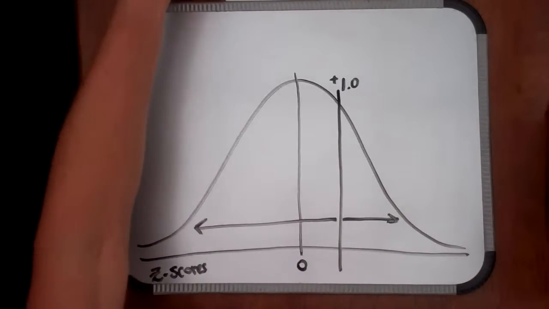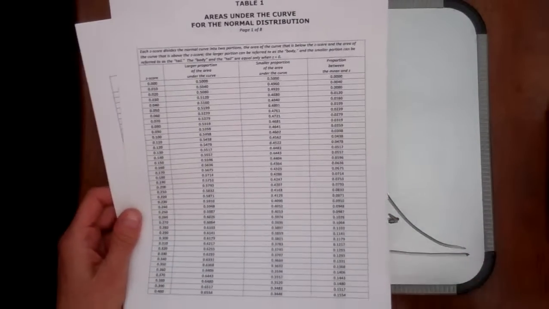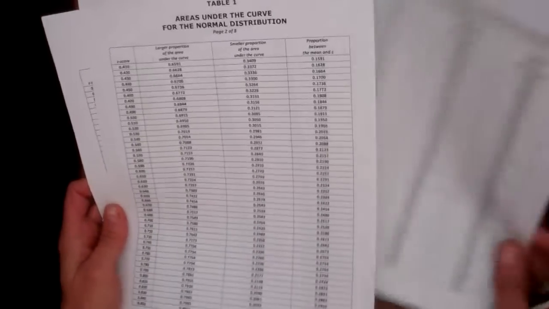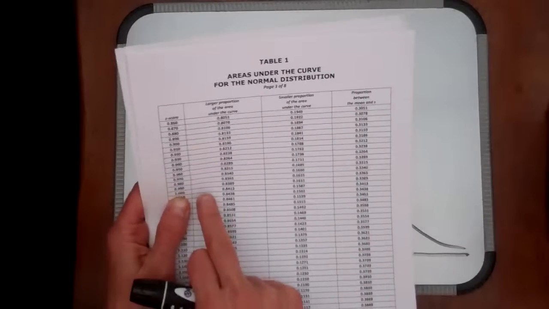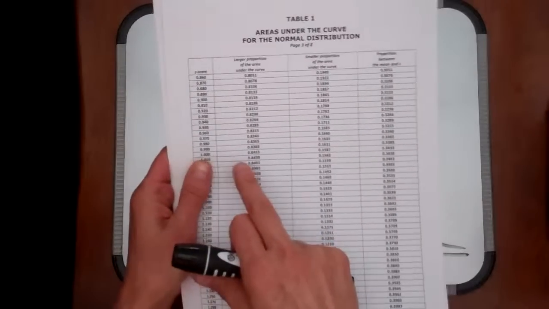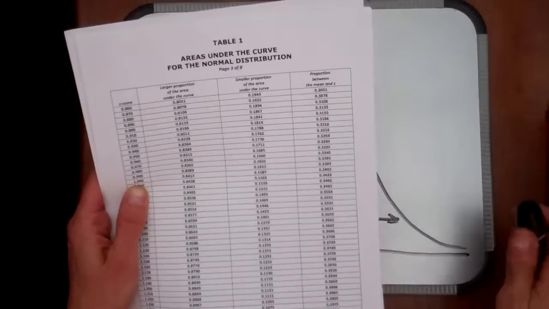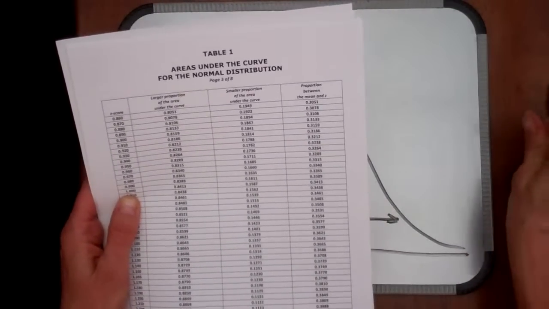And we can find those probabilities or proportions or percentages, remember they all mean the same thing, by looking at this table and finding 1.0, which is right here. And we see that when we look at 1.0, the smaller proportion of the area under the curve is 0.1587.